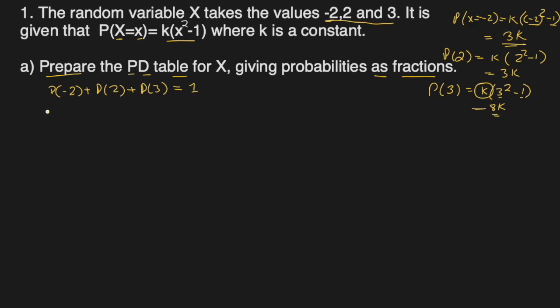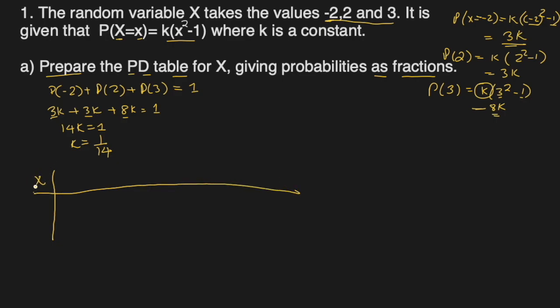And this will help us to find the value of k. So 3k is the probability of -2, 3k is the probability of 2, and 8k is the probability of 3, which will be equal to 1. That becomes 6 plus 8, 14k, and k will be equal to 1 over 14. We got it. Now we can draw a table.